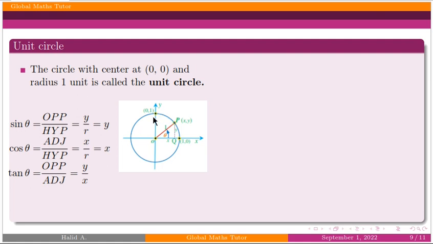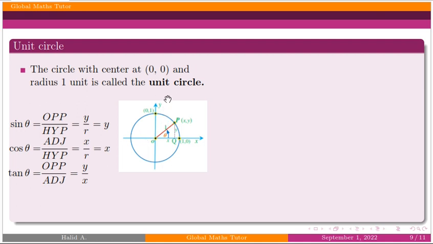Using this unit circle we can find the basic trig values of quadrantal angles. A quadrantal angle is an angle whose terminal side lies on the x or y axis. For example, if the terminal side is on the y-axis, then it is a quadrantal angle. If the terminal side lies on this, for example, it will also be a quadrantal angle.